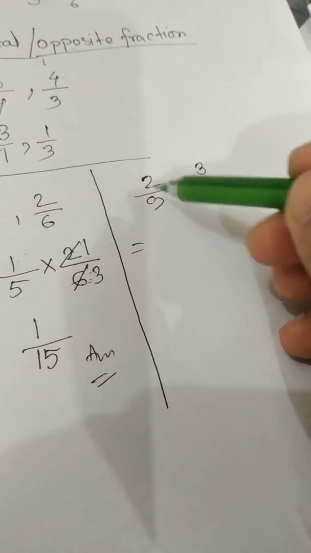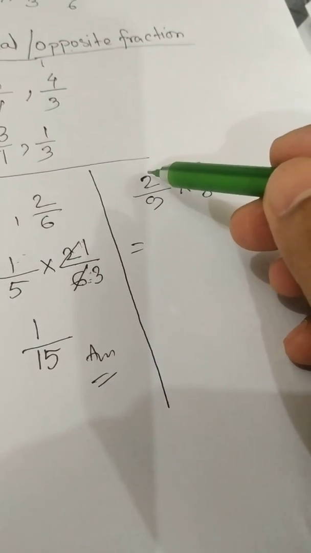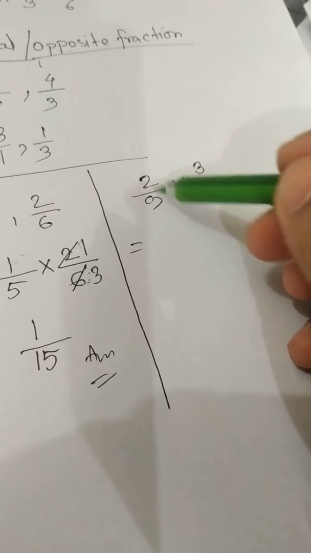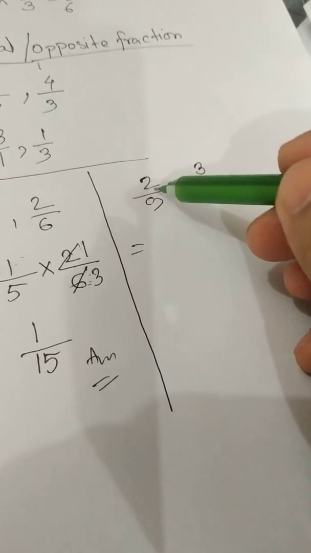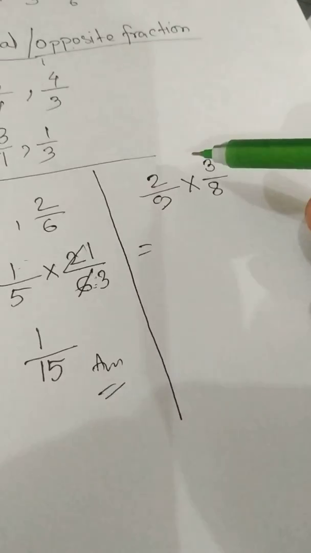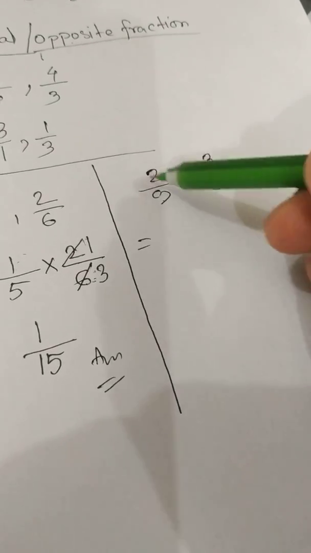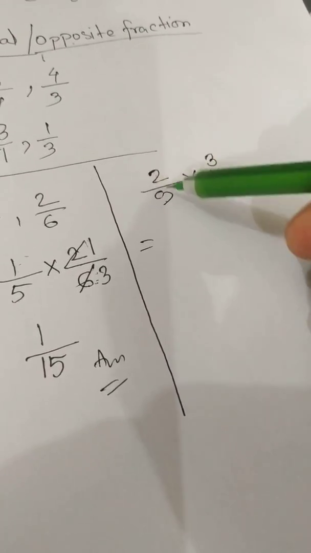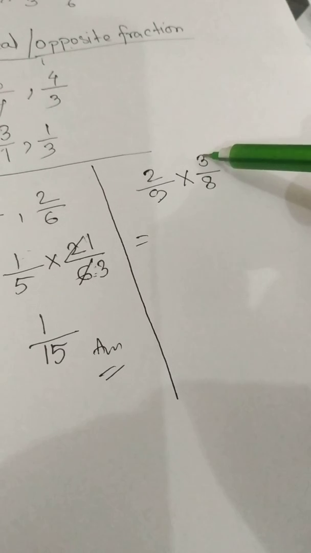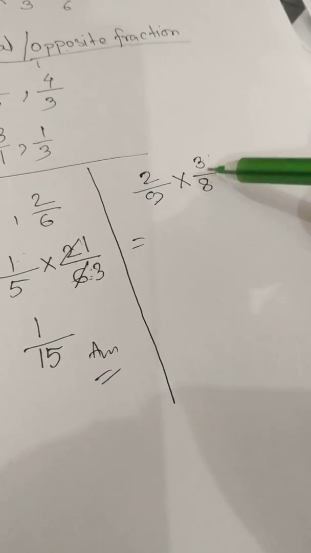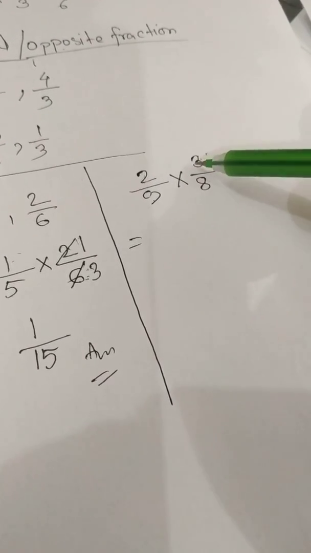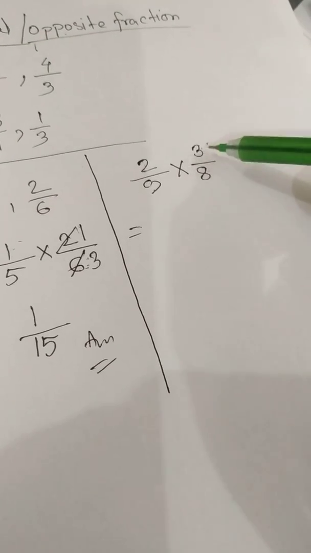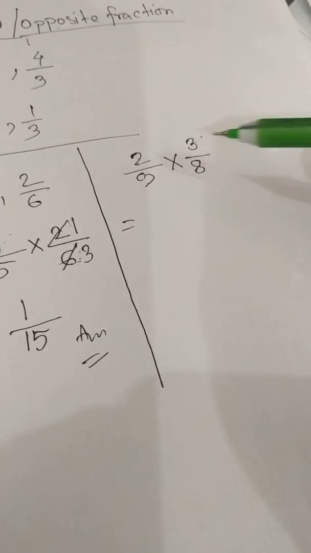Here, if you see, for each individual fraction you cannot reduce it, right? Because 9 is not divisible by 2, and 2 is not divisible by 9, so there is no common factor for them. Similarly for this, 3 is divisible by 3, but it's not divisible by 8. Again, 8 is not divisible by 3.